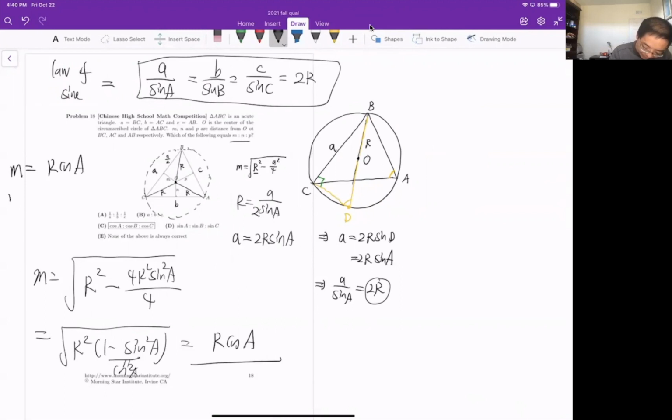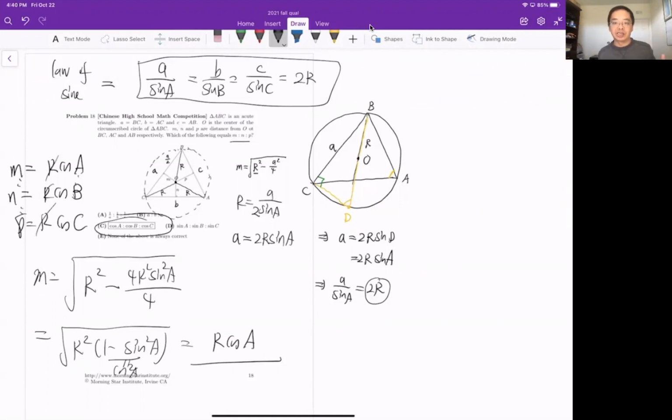And then M will just equal R times cosine B, similarly, and P is R times cosine C. Now, when you do the ratio, the R just cancels out. You just get cosine A, cosine B, cosine C, right?